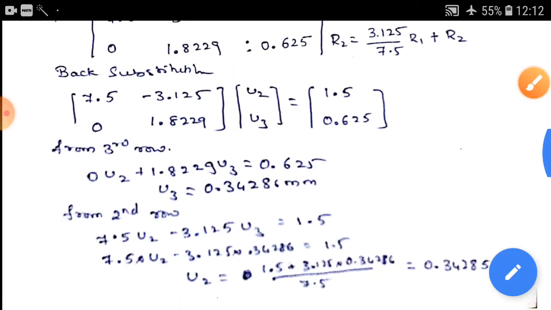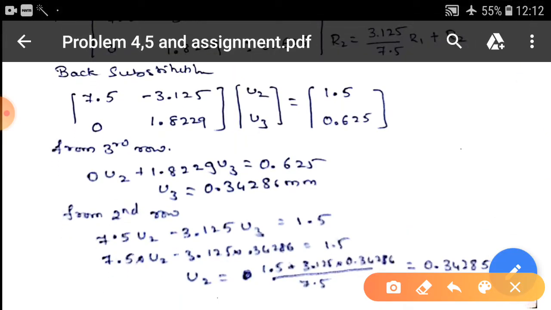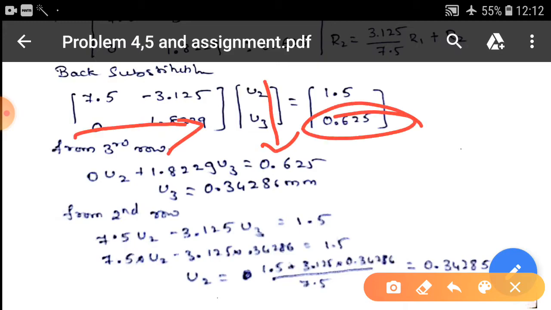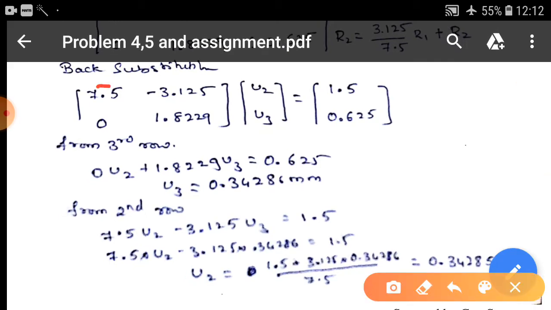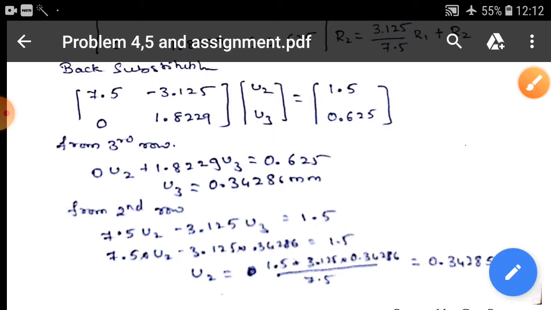If you see this third row, multiply this row with this column, you have to get this one. From this you will get this value, u3 is 0.34286 mm. Similarly, if I multiply this first row with this column, I'll get 1.5, that is 7.5 u2 minus 3.125 u3 is equal to 1.5.